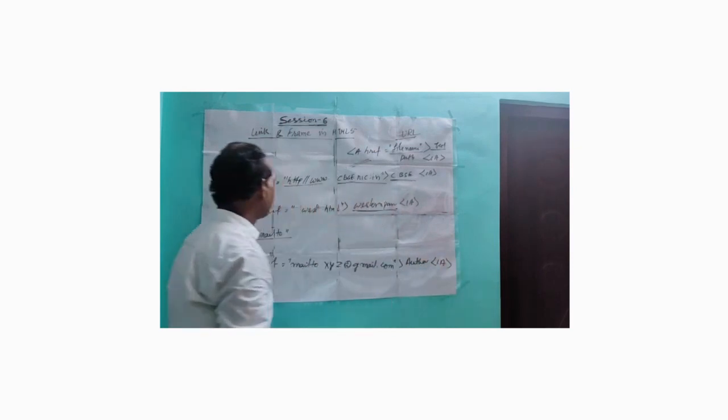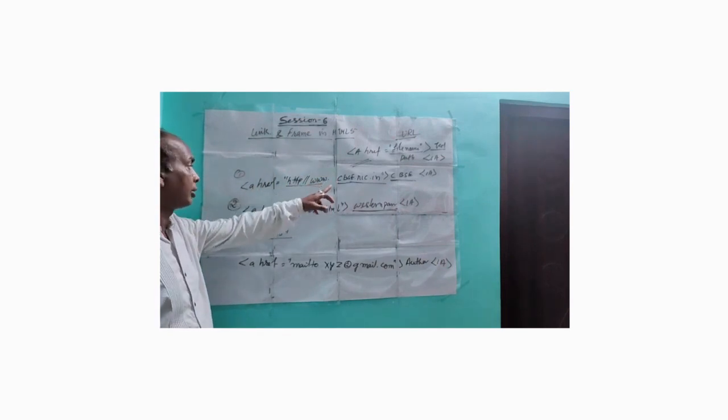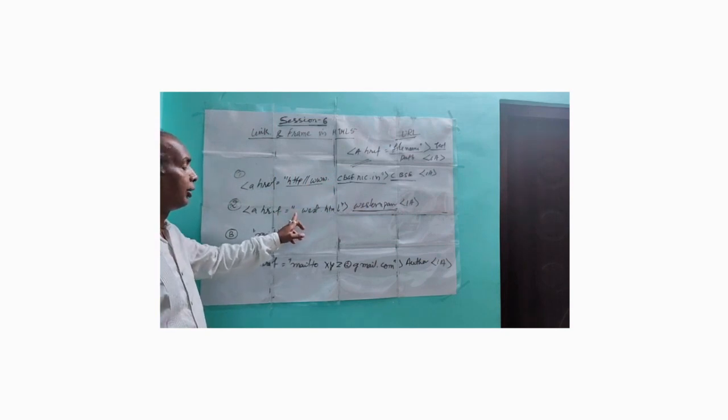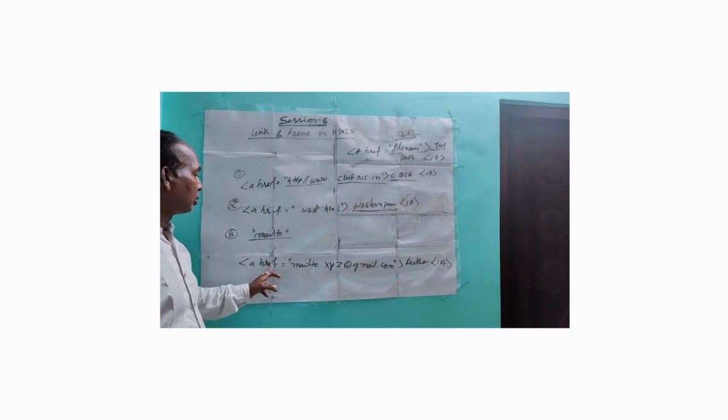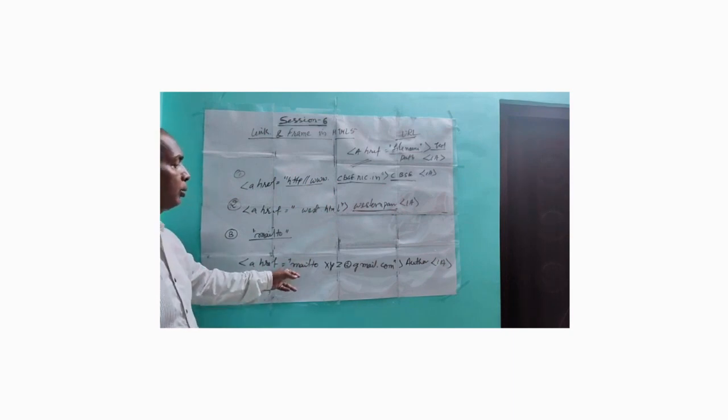You see, these three examples are written here. The first one is a link to another web page. The second one is a link to the same page, the same document, the current document. The third one is to send an email to other persons.